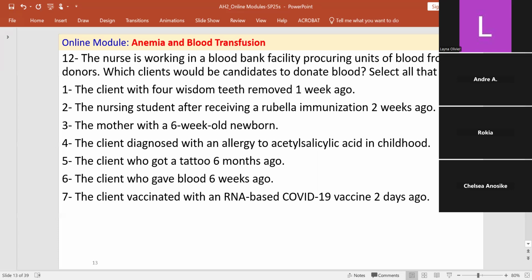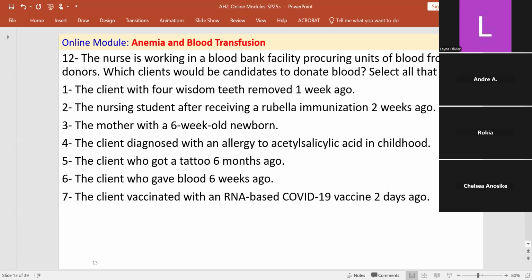You can exclude those who should not be donating or should be banned, and that will be determined by the blood bank as well. So what about number one? We're going to select the candidates who can donate blood.